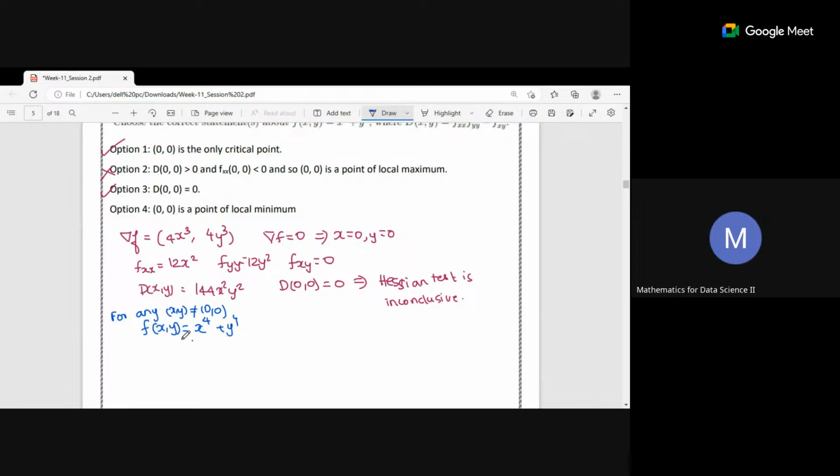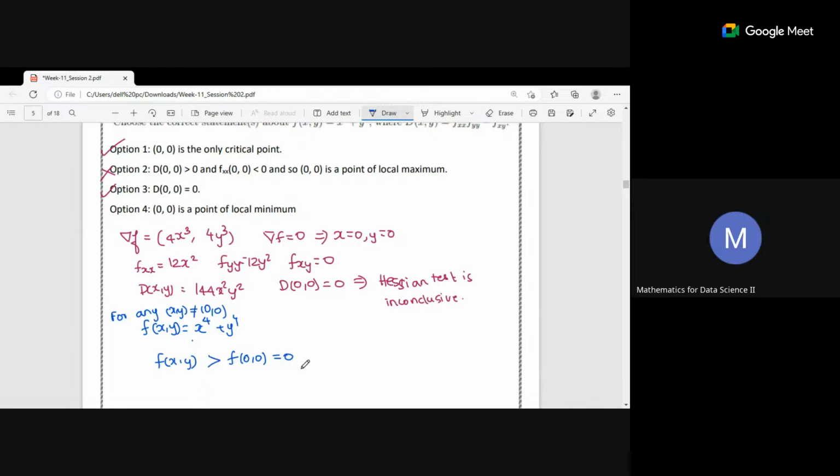Then what can you say about f of x comma y and f of 0 comma 0? F of 0 comma 0 is 0, right? So what can you say about the value of f of x comma y for any non-zero x comma y? Positive. It will remain positive. So it means it is always greater than 0, right?